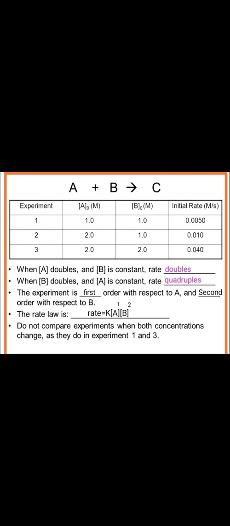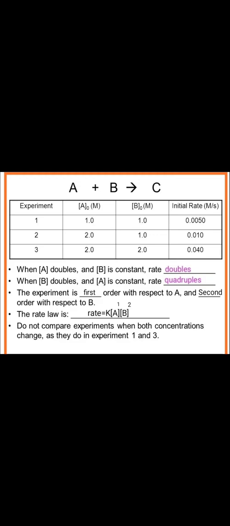Now, looking at the second and third setup, the concentration of A remains constant and the concentration of B is doubled. Now the rate increases by 4 times, that is, it quadruples. So 4 times rate increase for 2 times concentration increase, the value is 2, so y is equal to 2.